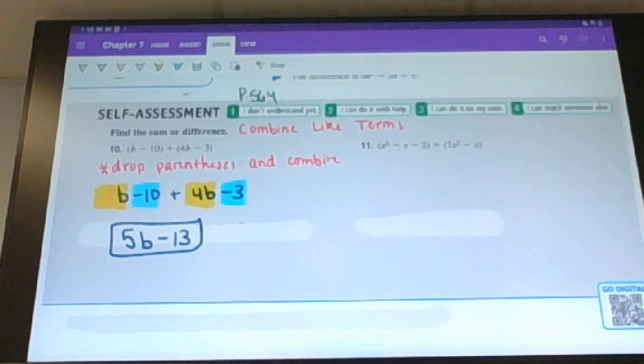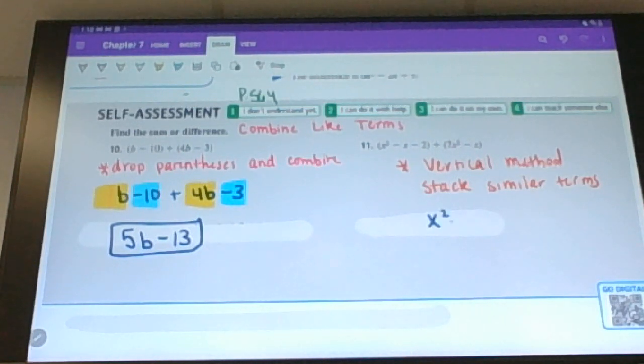Now for 11, I'd like to show you the vertical method. Some people really prefer it, and your book shows it nicely. You stack similar terms. I write x squared minus x minus 2, a big old school plus sign, and underneath the 7x squared minus x.